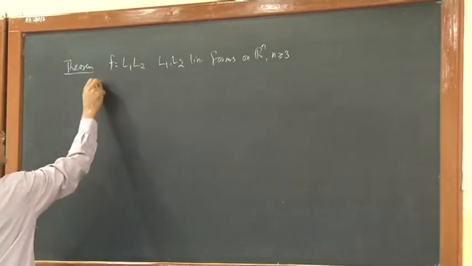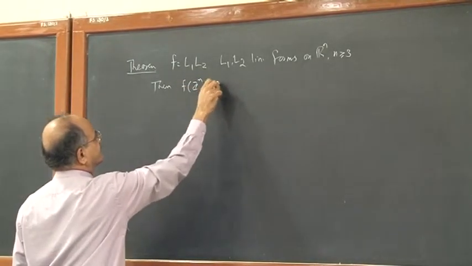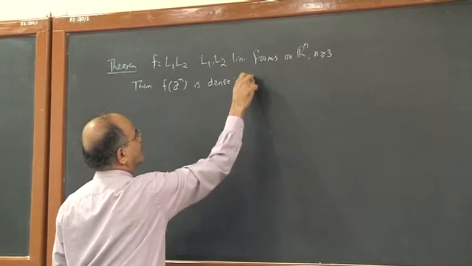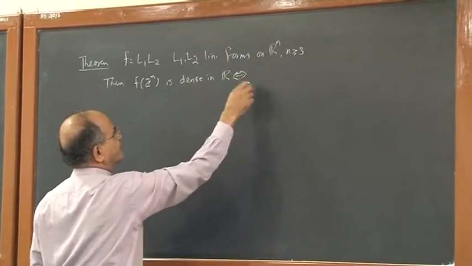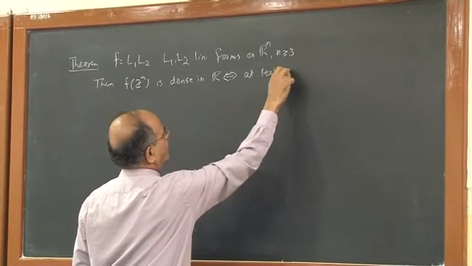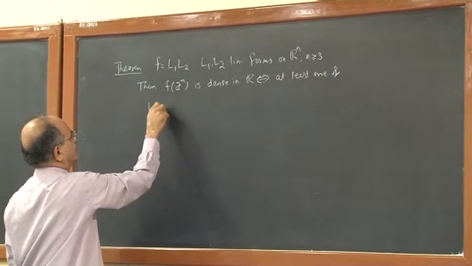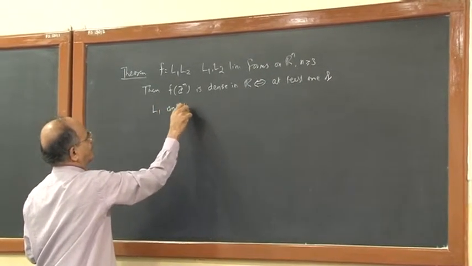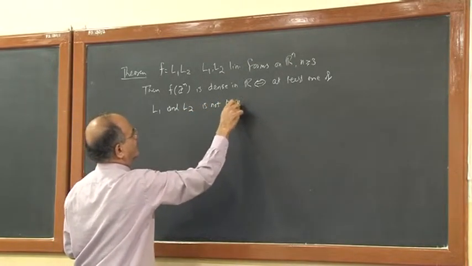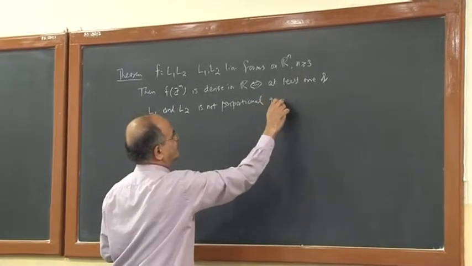Then f of Z^n is dense in R if and only if at least one of L1 and L2 is not proportional to a rational form.